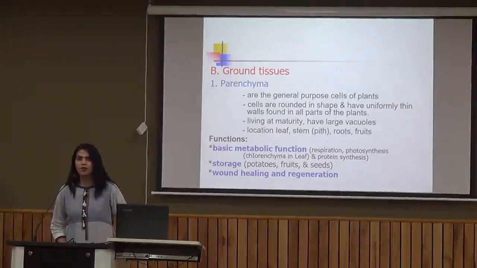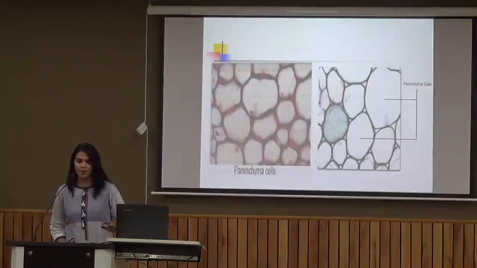So we have two types of parenchyma, or we can say specialized parenchyma, on the basis of where they are present. In aquatic plants, they need to float, so in that case the parenchyma contains air spaces. Most plants do photosynthesis, but the parenchyma containing chlorophyll is known as chlorenchyma. This is the diagram of the parenchyma cells.